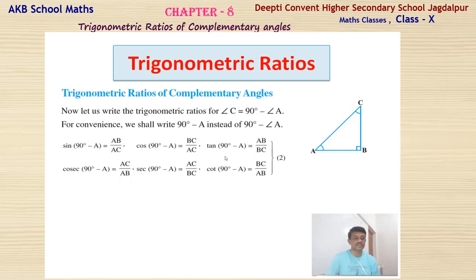Sin of 90 minus A: for this, AB is perpendicular, so perpendicular by hypotenuse, AB by AC. Similarly, cos of 90 minus A is base by hypotenuse, BC by AC. Tan means perpendicular by base, AB by BC. So these are the values for 90 minus A. The inverses of these are cosec, sec and cot, equation 2.